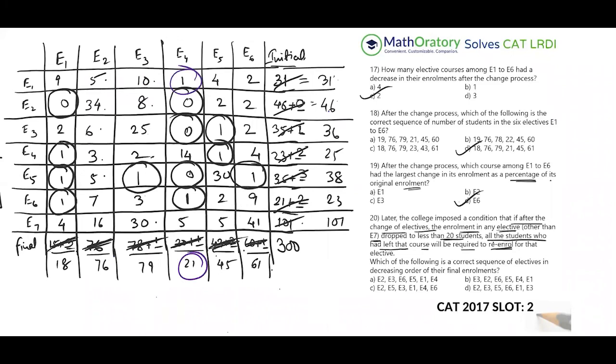So now I hope you can see what I was looking at. This is the only value that I checked, because I wasn't too worried about numbers like 76 or 79 or 45 or 61, because how much will they drop by? Not a considerable amount, right? They cannot go below 20. So the only thing I checked is this E4 column. So E4, there are 21 people.